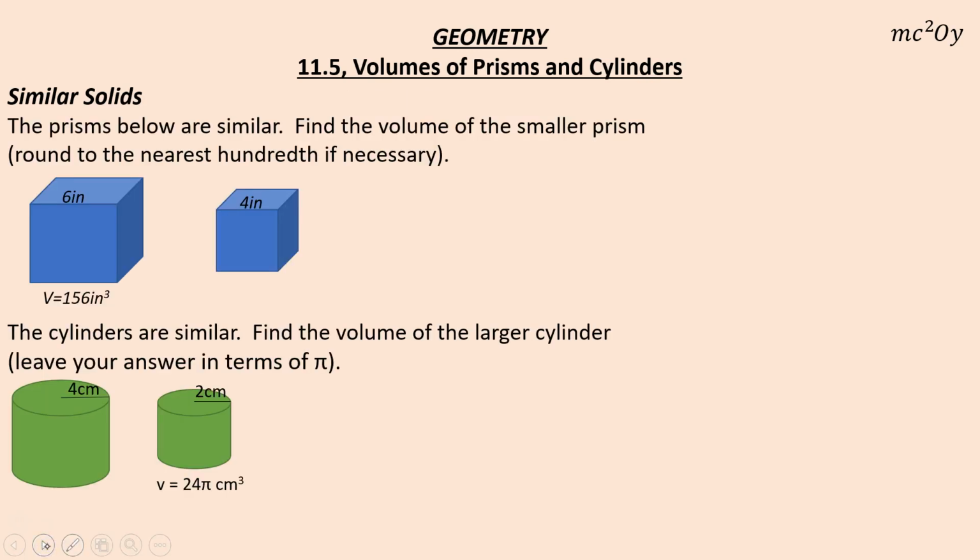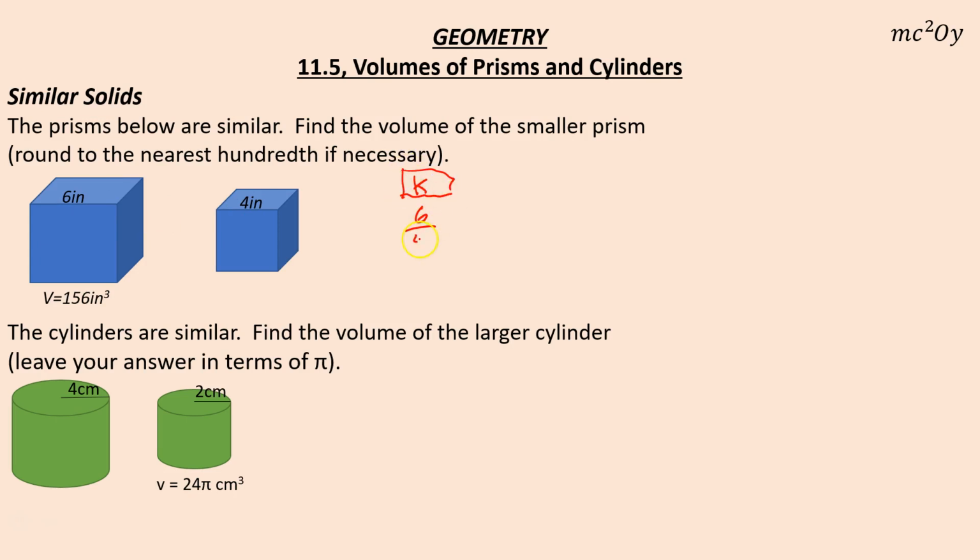Okay? And so if I'm given two similar solids and one's smaller than the other, and you know the scale factor, you can figure out the volume of the other. So in this case, I know that my scale factor K, since these two prisms are similar, is 6 to 4, or 4 to 6. It doesn't matter which one you use, right?